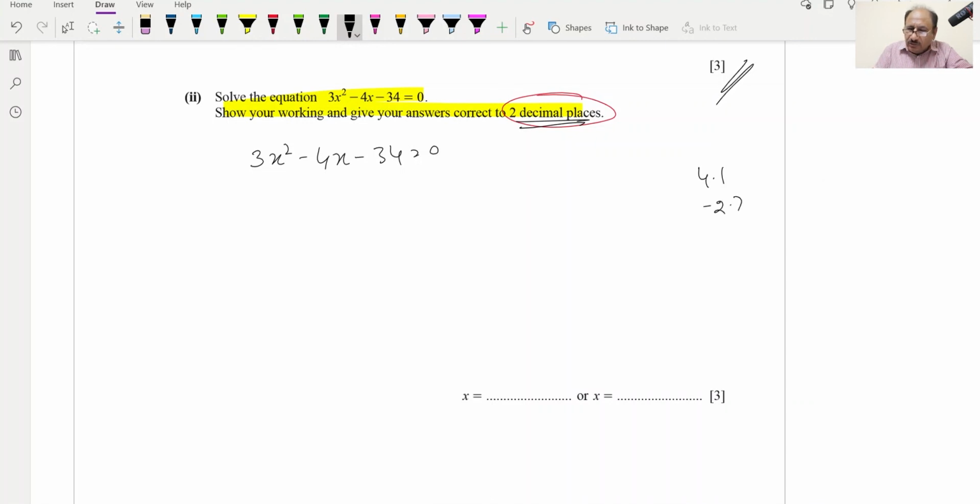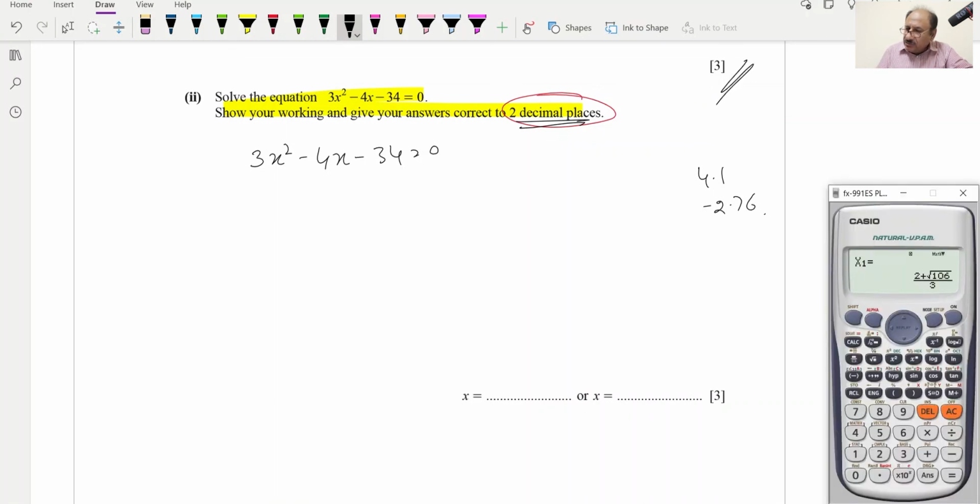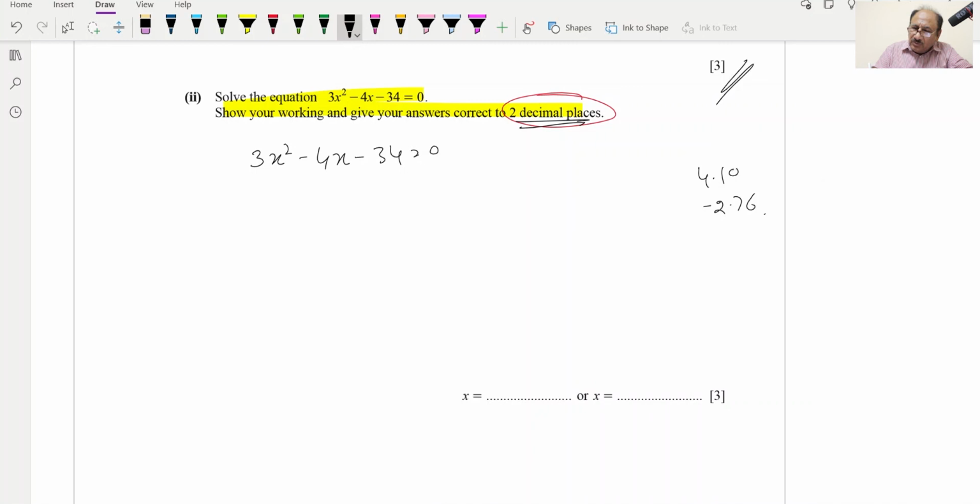So 2 decimal places, so we can check for the other value, so this will be 4.10. So up to 2 decimal places, so this should be our answer.